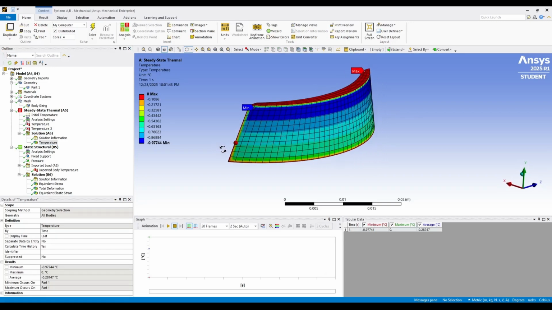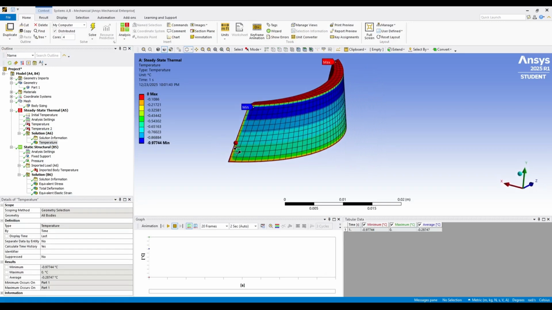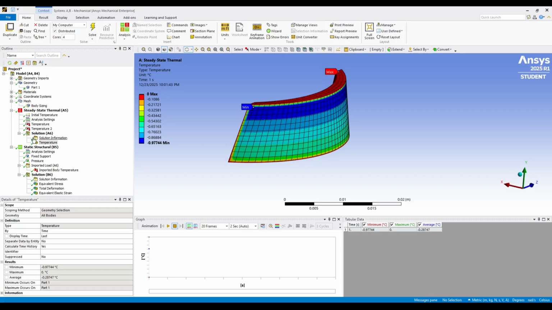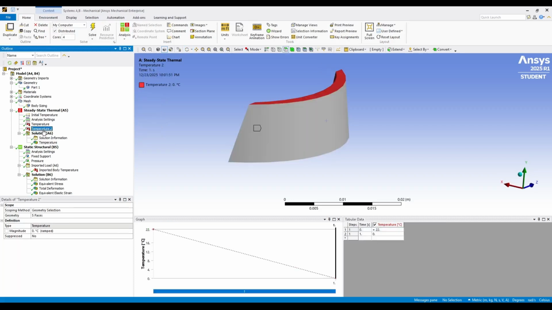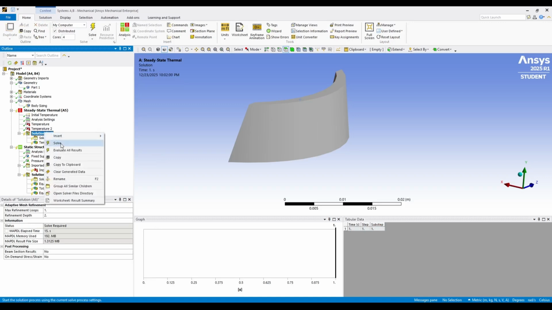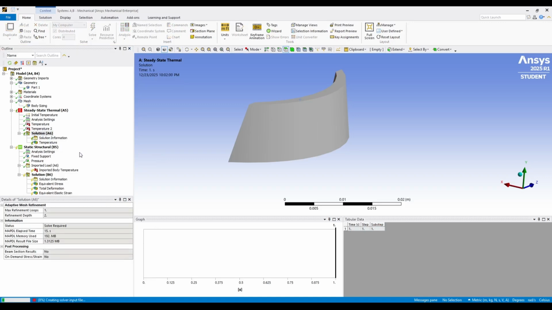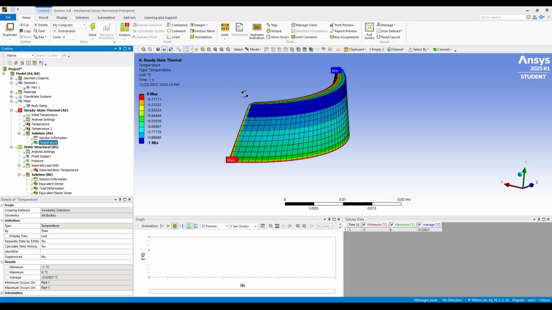zones. To conclude this analysis, the results clearly show the importance of using a combined static structural and steady-state thermal approach when evaluating arch dams. By applying realistic pressure and temperature gradients and importing thermal loads into the structural analysis, we are able to capture the true behavior of the dam under actual operating conditions.